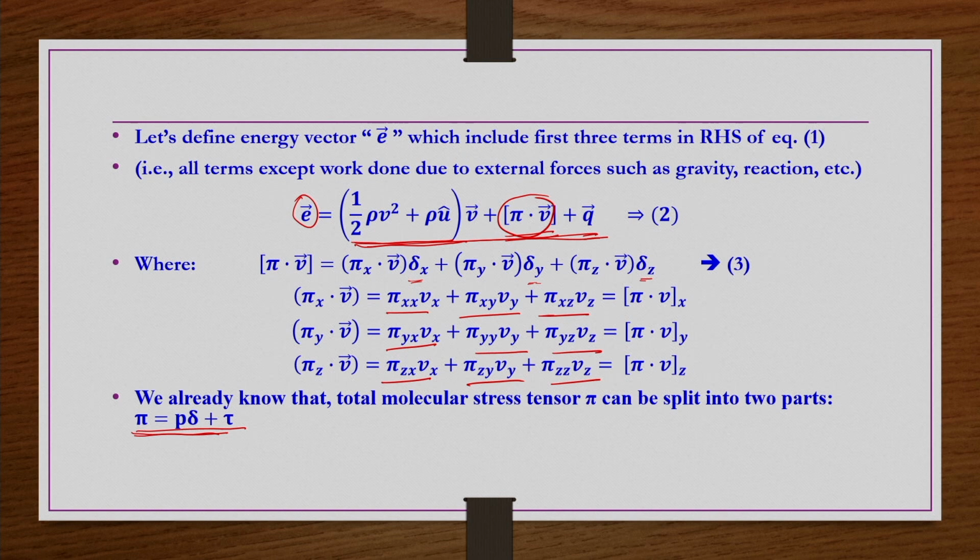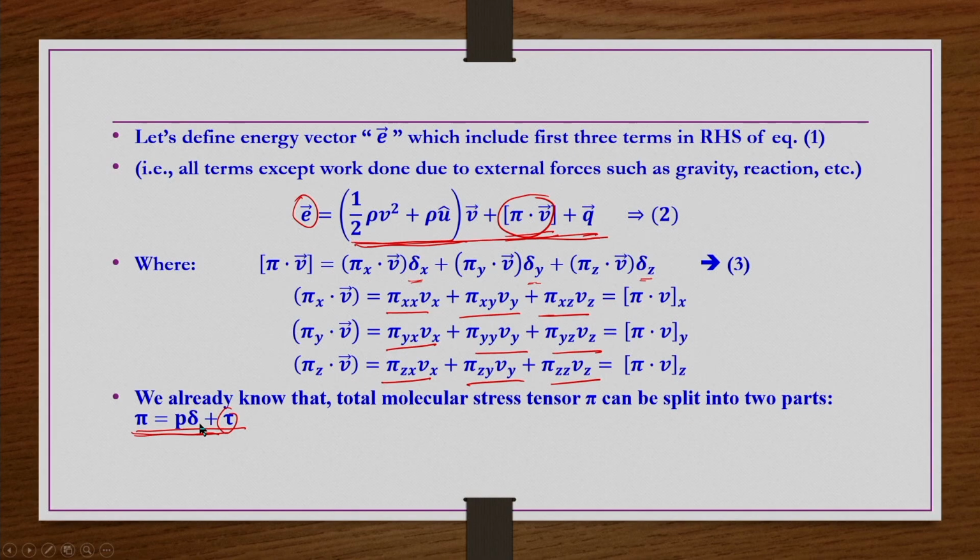If i is not equal to j, then Kronecker delta ij is equal to 0, and this part tau is nothing but the viscous stress. So now what we do, we substitute this pi equals p Kronecker delta plus tau in this equation number 2, so that in place of pi dot v we can write pv plus tau dot v.